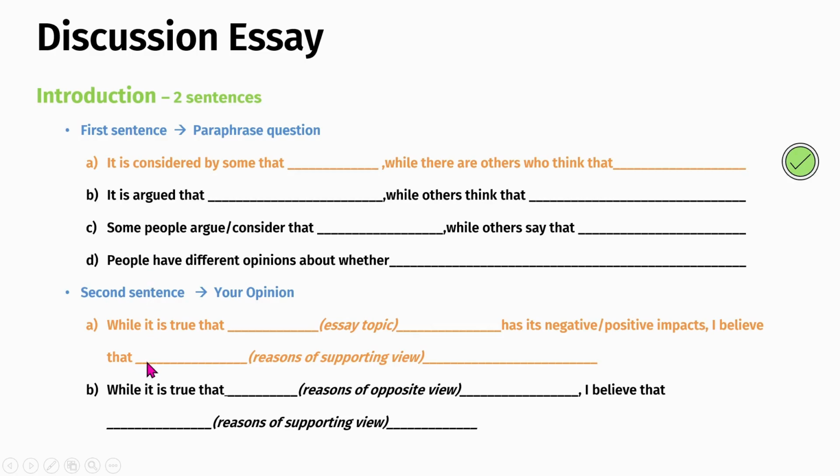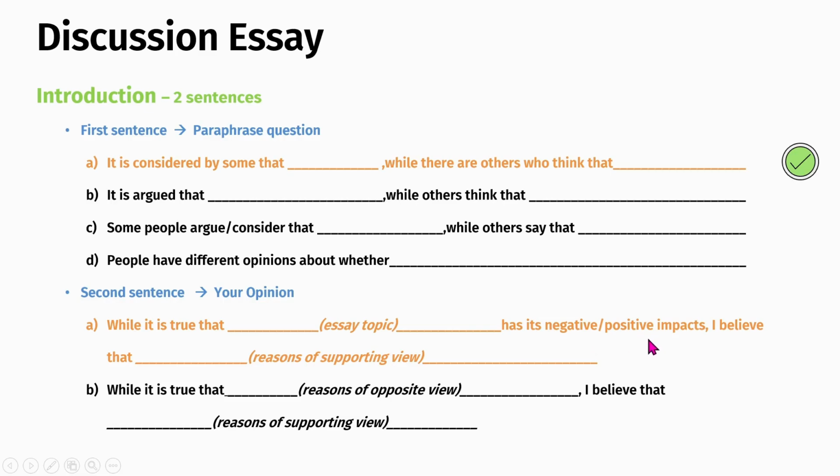Now you have the second sentence, which is your opinion. Here I have given you two templates. Both of them are quite similar. The first template is, while it is true that, in the blank area you can give the topic. So while it is true that drug testing in animals has its negative impacts, select either negative or positive.